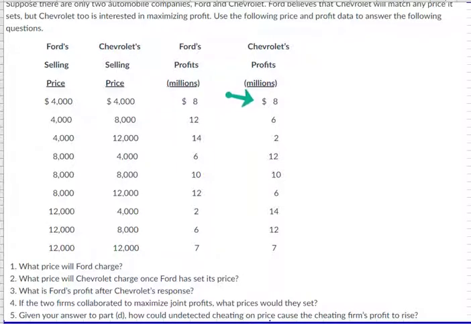Now look, let me see if you understand how to read it. What if Ford was selling a car for $8,000 and Chevy was selling a car for $12,000? Tell me the profits for Chevy. So Ford is selling the car for $8,000 and Chevy is selling the car for $12,000.